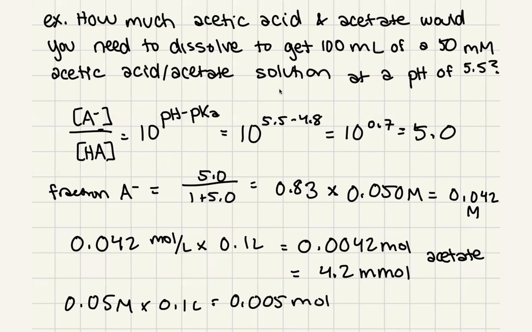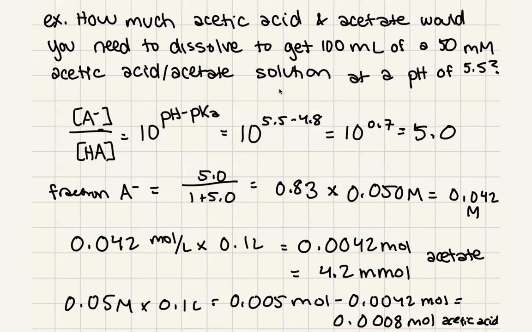And then we know that we have 0.0042 moles of our acetate. So what's left over is going to be 0.0008 moles of our acetic acid.